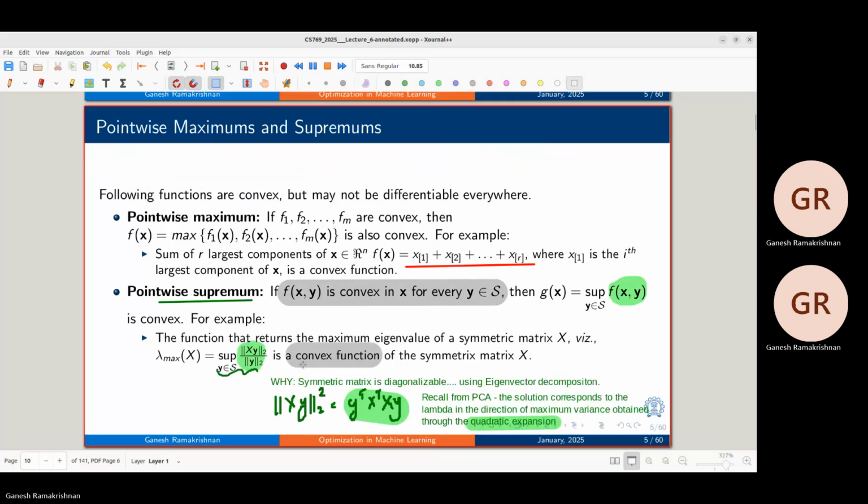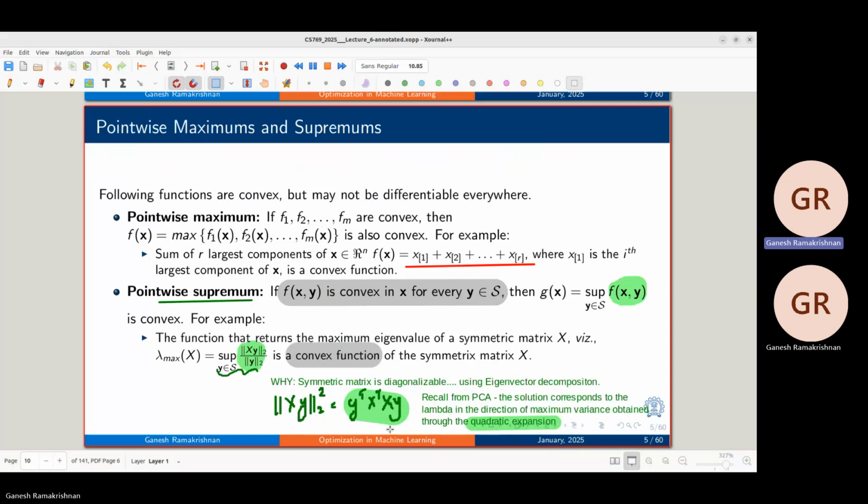Here I'm considering the symmetric matrix x, which is diagonalizable, and we look at the direction of maximum variance obtained through the quadratic expansion of y transpose xy. That direction will coincide with the eigenvector direction corresponding to the maximum eigenvalue.